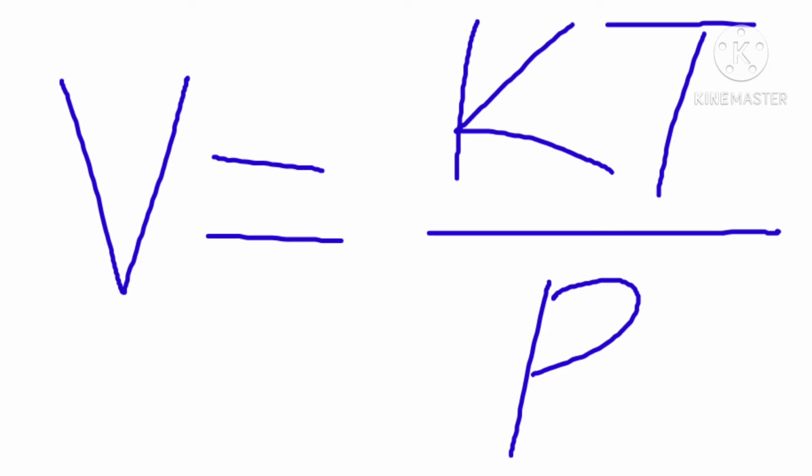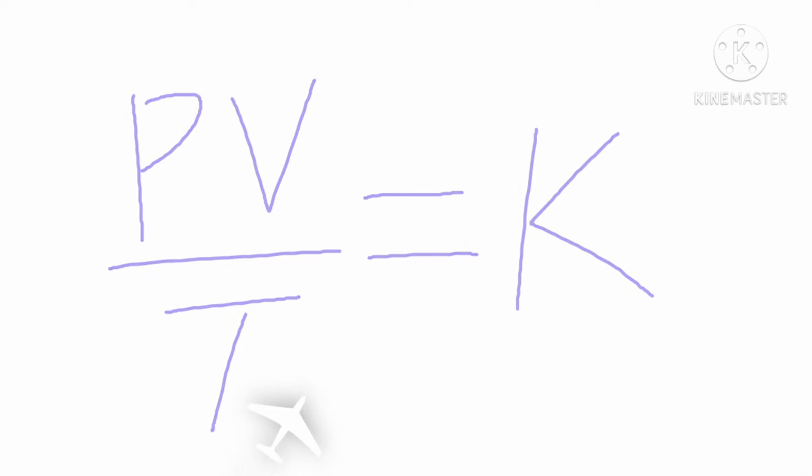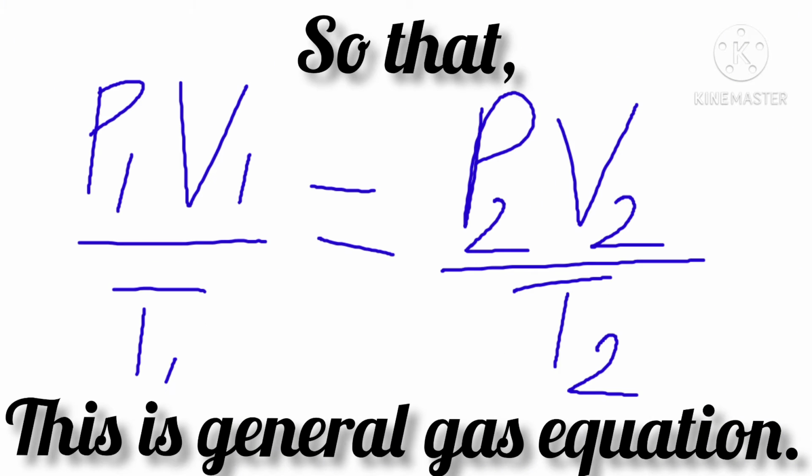So we see that PV over T is constant. Then we have P1 V1 over T1 is equal to P2 V2 over T2. This is the general gas equation, and it is a combination of Charles' law and Boyle's law.